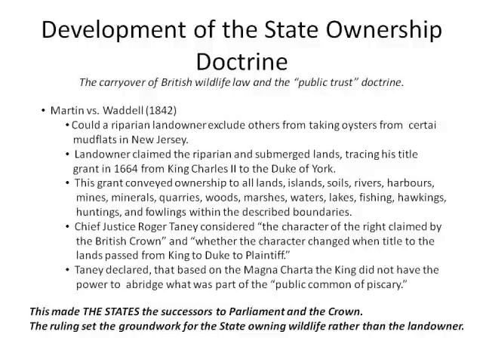In 1842, a case came before the U.S. Supreme Court, Martin versus Waddell. In this case, the landowner claimed that he owned all of the stuff in this area of land, including the oysters, and so someone couldn't come in and take those oysters.